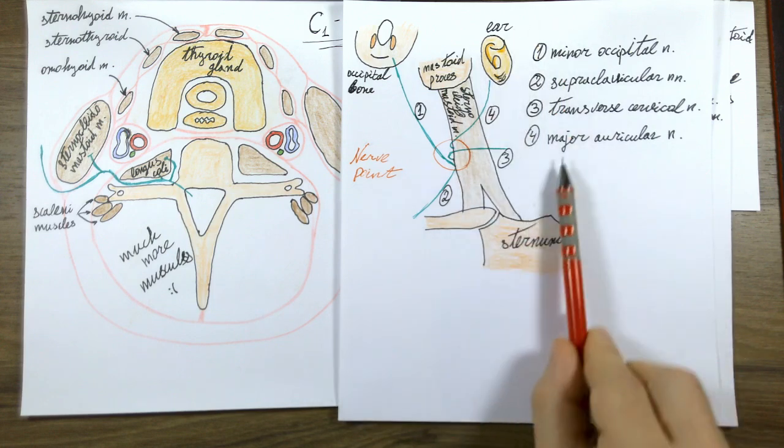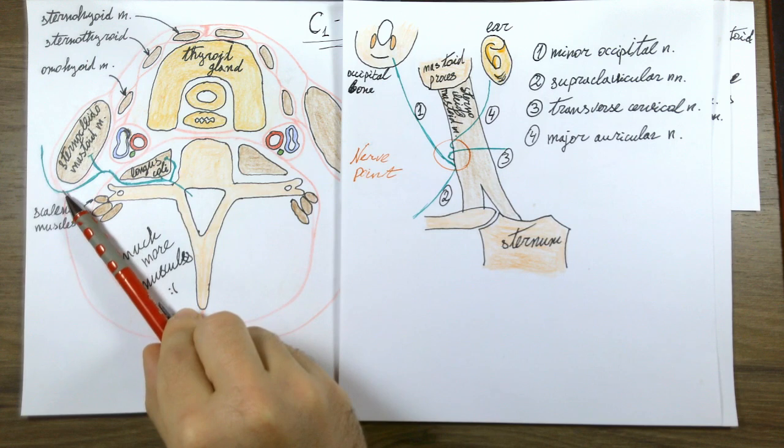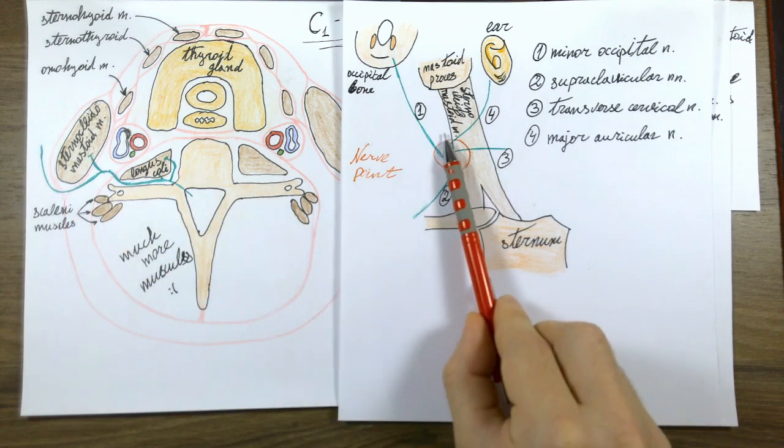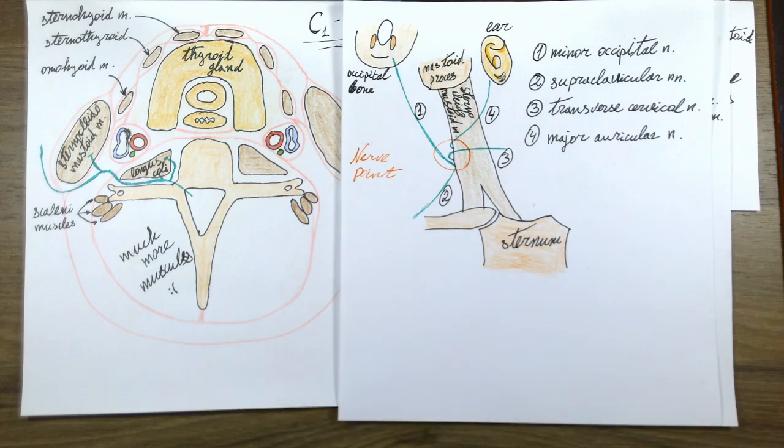These are the sensory nerves of the cervical plexus. And all of them would do that. But it happens around a small point behind the posterior edge of the sternocleidomastoid muscle. And this convergence of nerves there is called the nerve point of the neck.